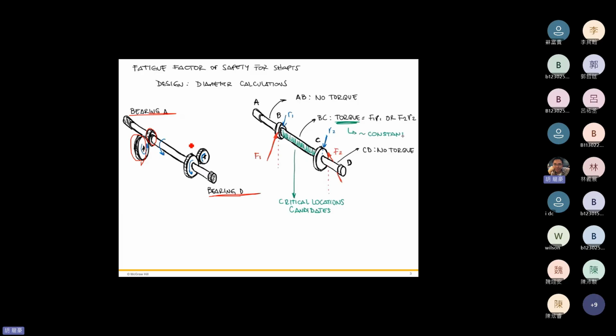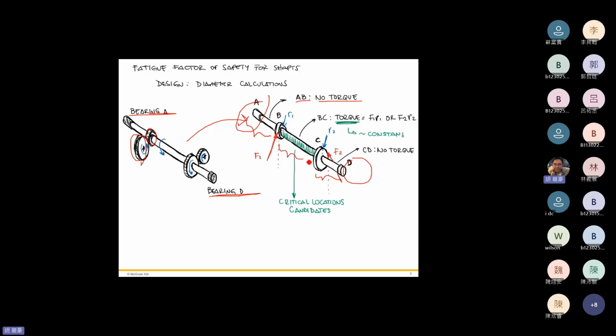So if we plot its free body diagram, right here. Basically, the part AB has no torque applied to it. There's a bearing at this end A and B, and there's no torque applied within AB and CD also. Therefore, we can say the critical fatigue occurred at the shaft BC.